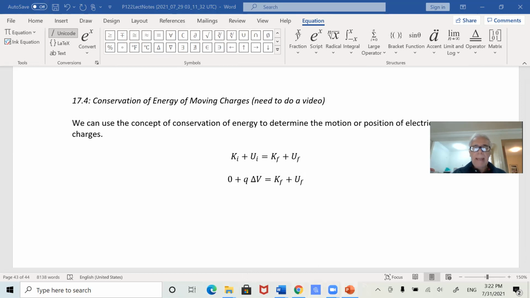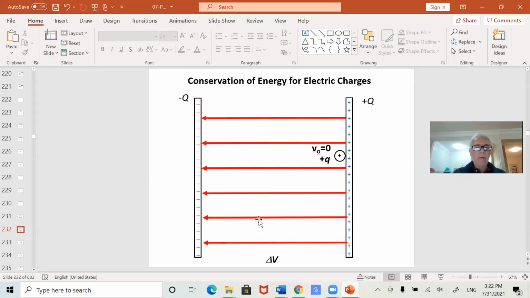At the end, that's the initial, right? After the charge has moved through the electric field, just like an object moves through the gravitational field, it loses potential energy. We can put the potential energy here at this end as being equal to 0.